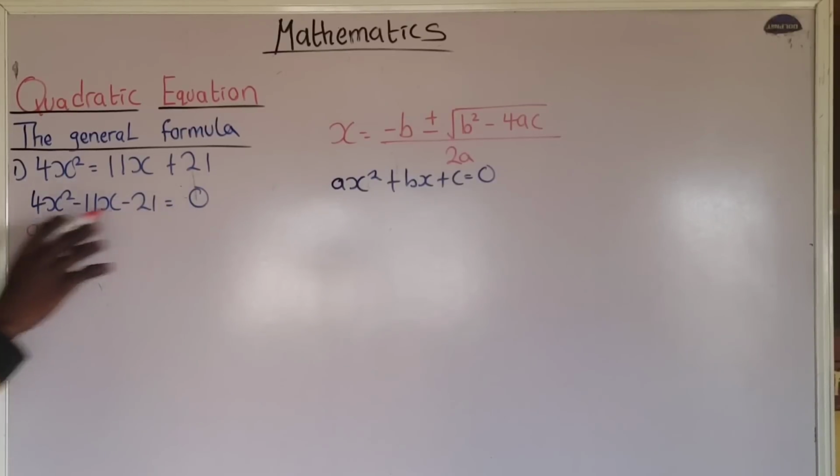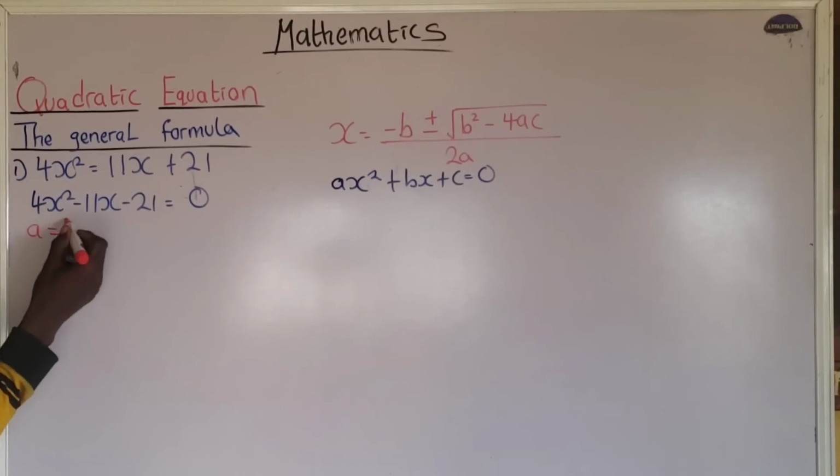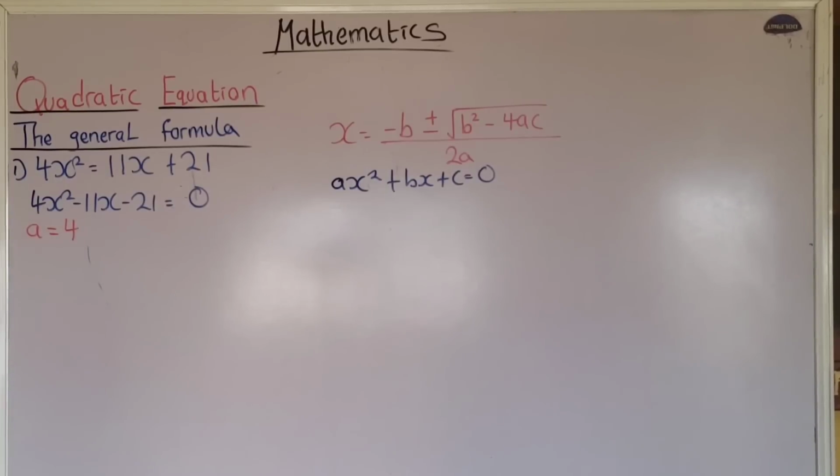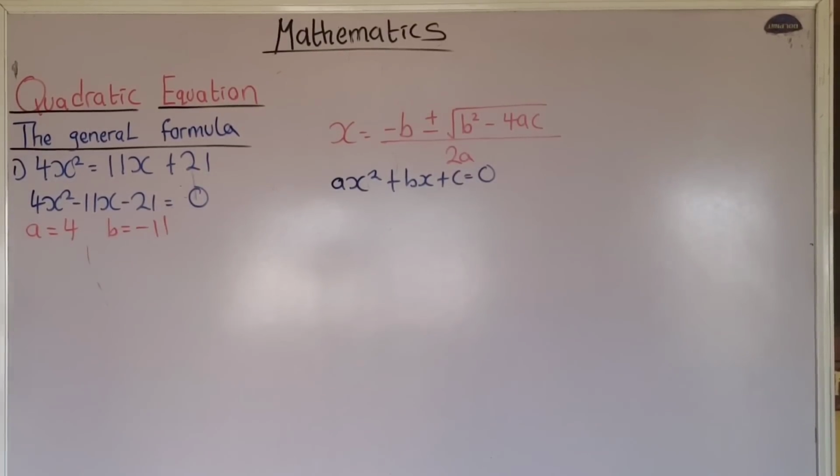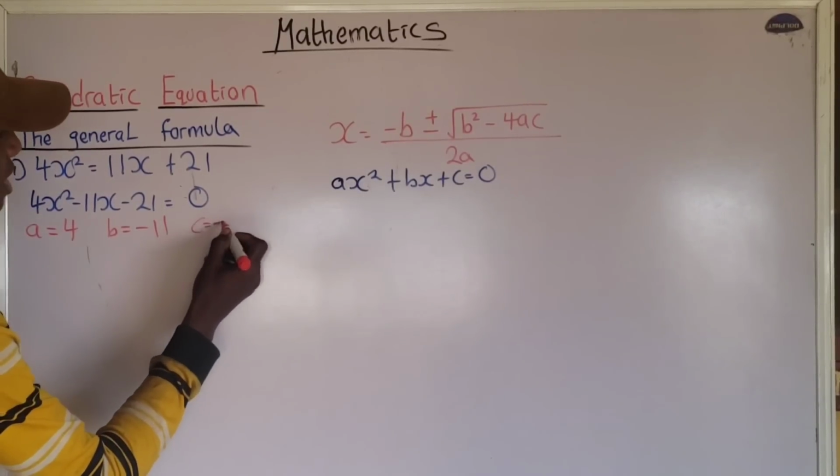If you look at this quadratic equation, the coefficient of x squared is what? 4. So A is 4, and B is the coefficient of x. So B is what? Negative 11, and C is the constant term. The constant term in the quadratic equation is the term that doesn't have any variable attached to it. You understand? So here, C is equal to negative 21.